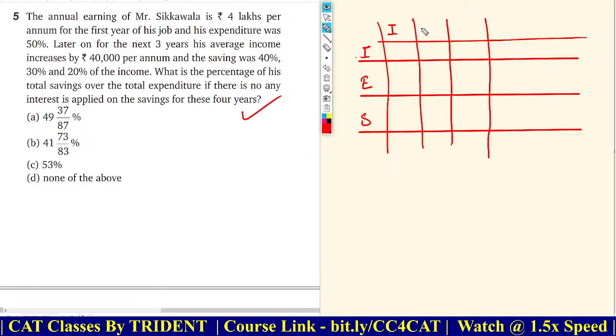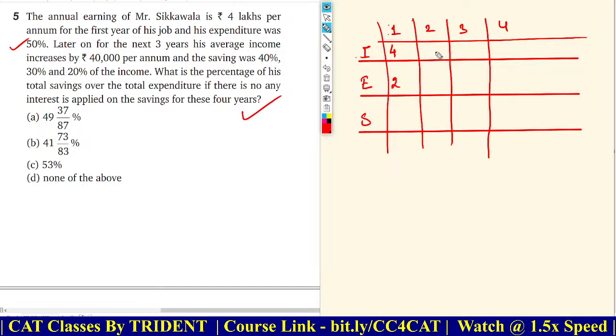This is for the first year, second, third, and fourth, because there are 3 consecutive years after the first year. First year it was 4 lakhs, and the expenditure was 50%, so it is going to be 2 lakhs. I hope that makes sense.